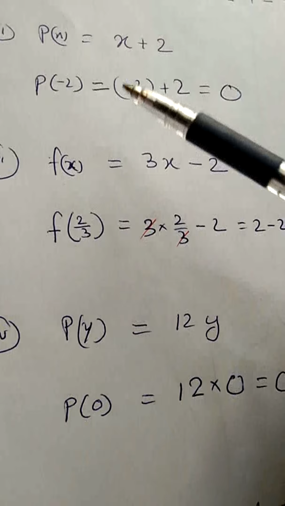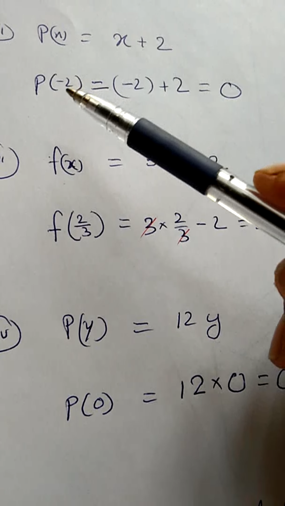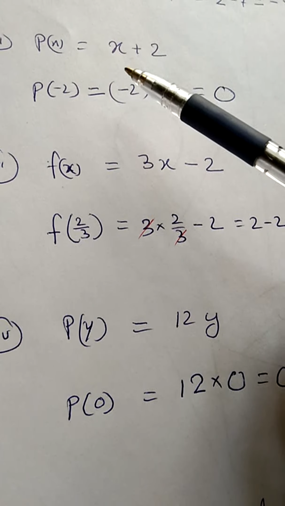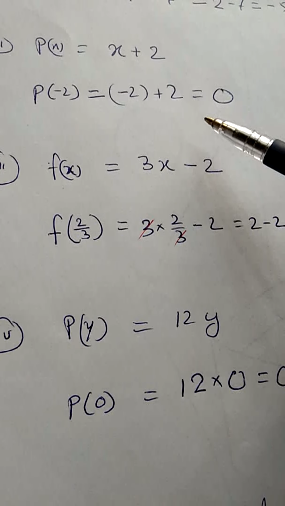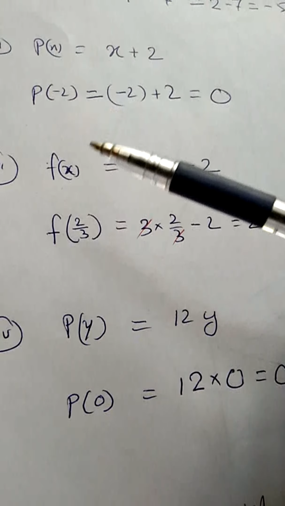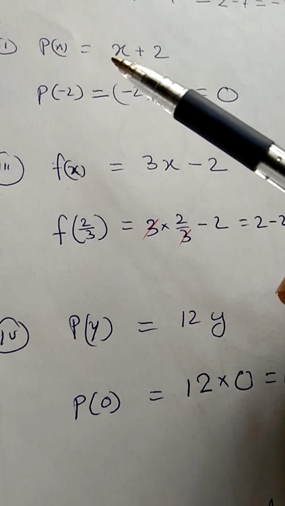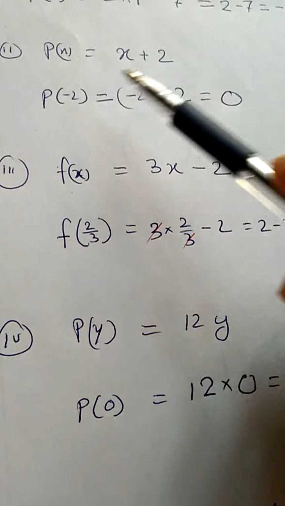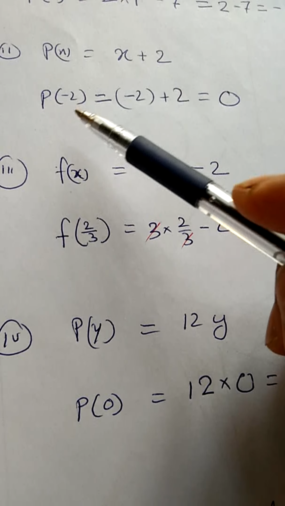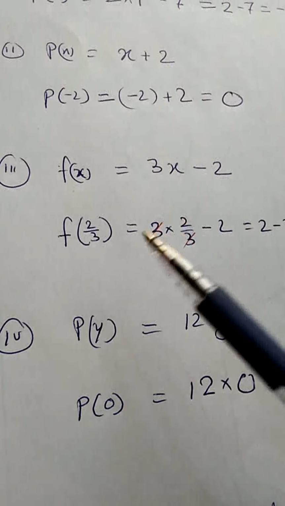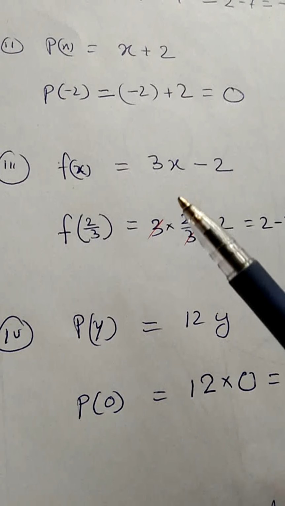So this kind of numbers for which a polynomial becomes 0, that type of numbers are known as zeros of that particular polynomial. It means for this polynomial, minus 2 is a zero. For this polynomial, 2 by 3 is a zero.